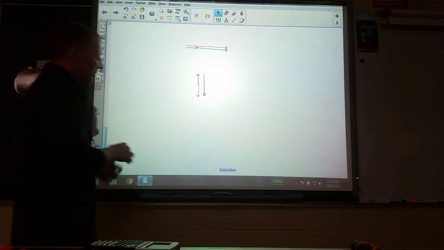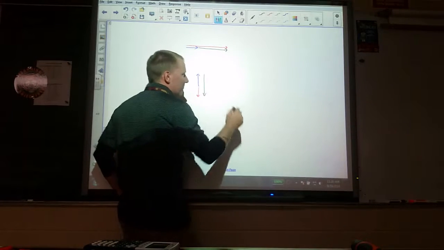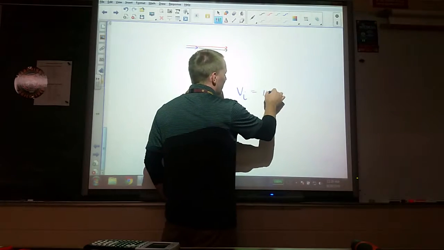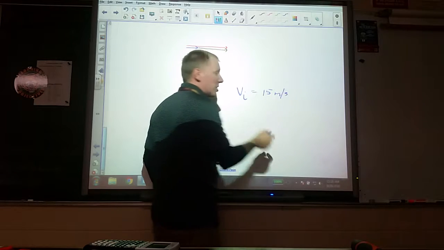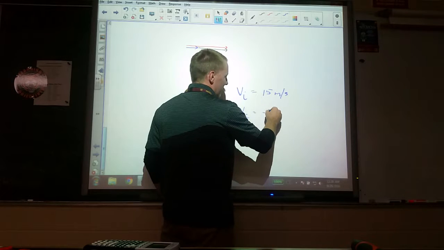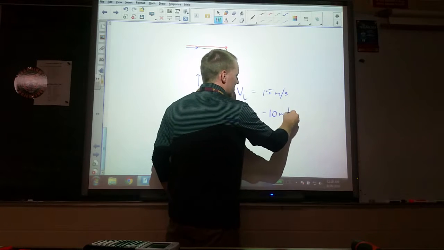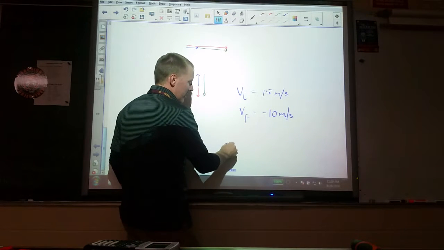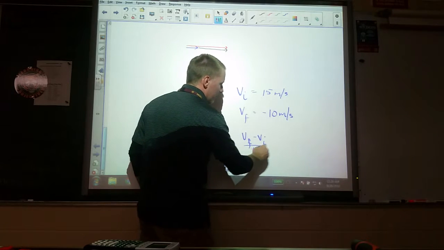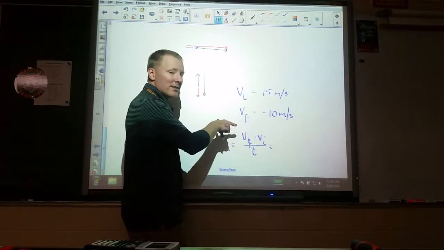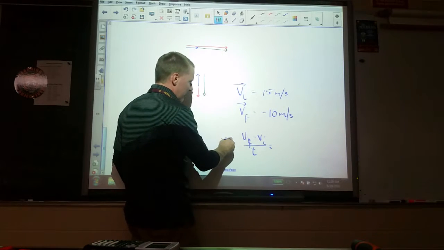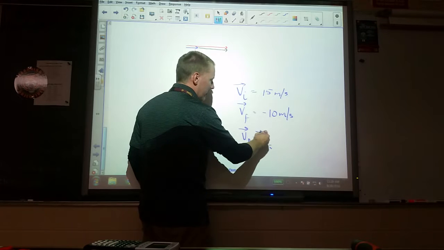But just keep in mind that if we've got, say, an initial velocity in the positive direction, maybe it's 15 meters per second. If we change directions, our final velocity could be negative, maybe negative 10 meters per second. And our acceleration then, final minus initial, over time, we have to keep these positive and negative signs because these are all vectors, and that direction is really important.